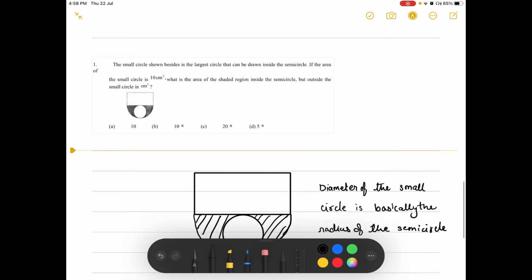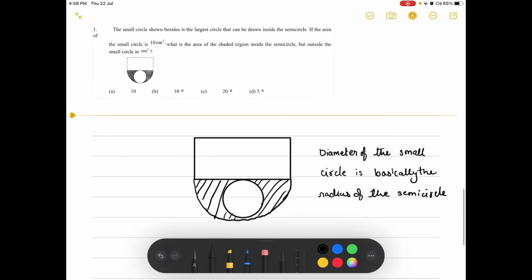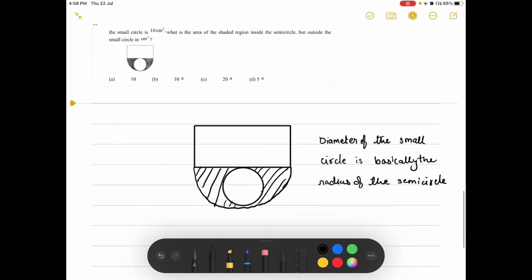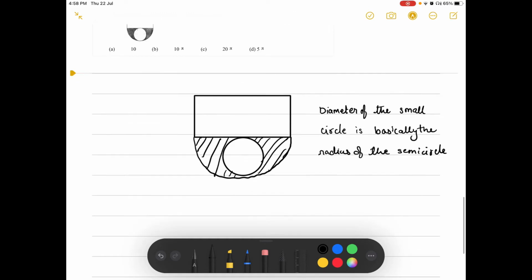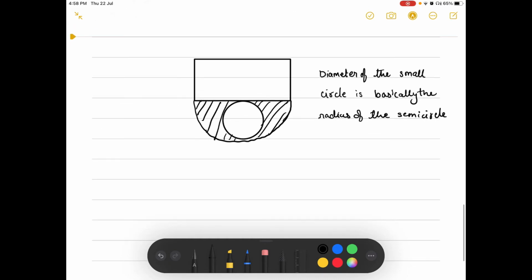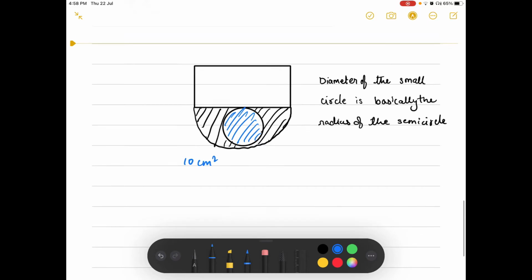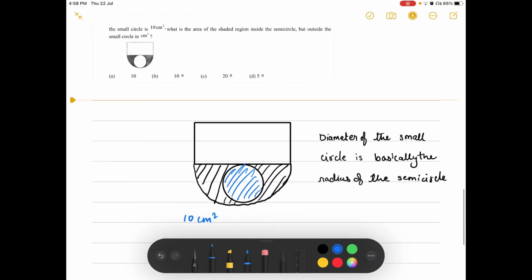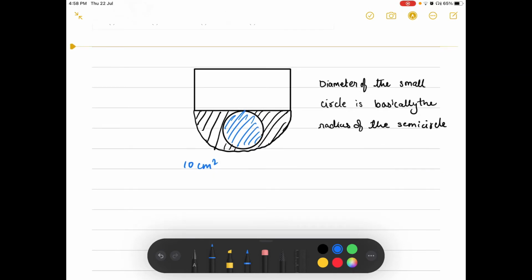Okay, now what they have given is that the area of the small circle is 10 centimeters square. So now they have told us that this area which I am shading in blue is basically 10 square centimeters. What is the area of the shaded region inside the semicircle but outside the small circle? So basically they are asking for the black shaded area.